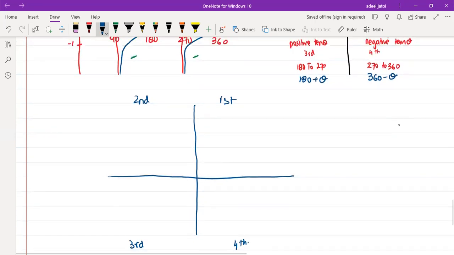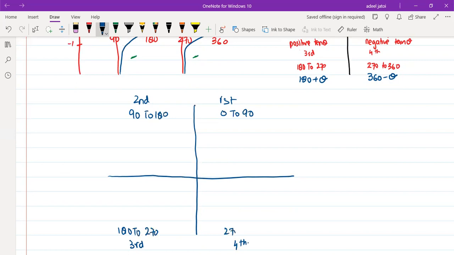Your first quadrant shows 0 to 90. Your second shows 90 to 180. Then it shows 180 to 270. And the last shows 270 to 360.